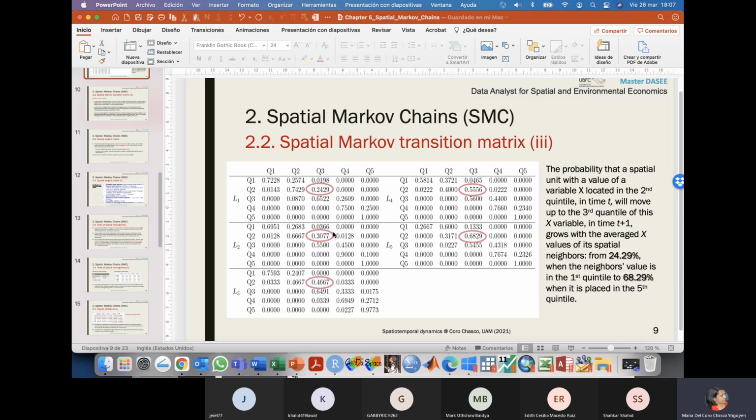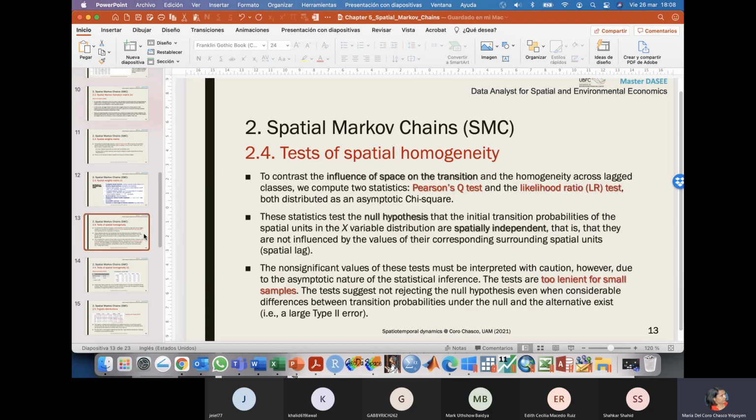So this clearness maybe is not so clear. This is why we have the statistical tests, just not to rely on your eyes or your way of looking at results, but to take into account the statistics and levels of confidence. And this is what we do here.